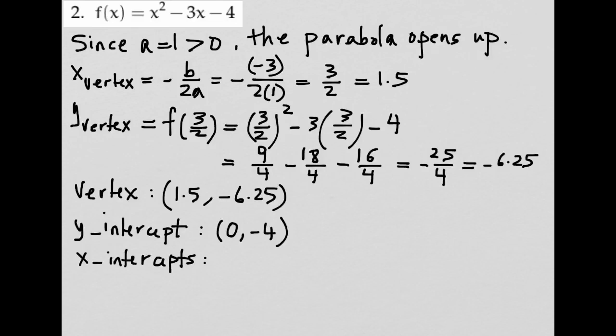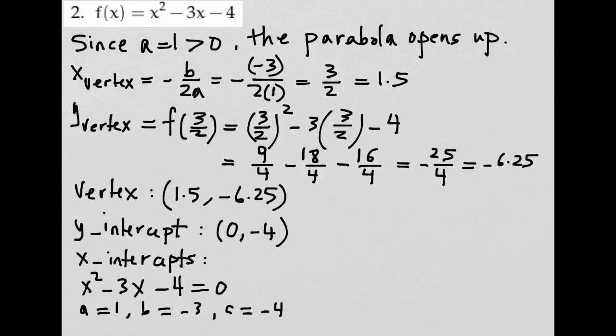Those can be found by solving the equation x squared minus 3x minus 4 equals 0. Notice that a is 1, b is minus 3, and c is minus 4.